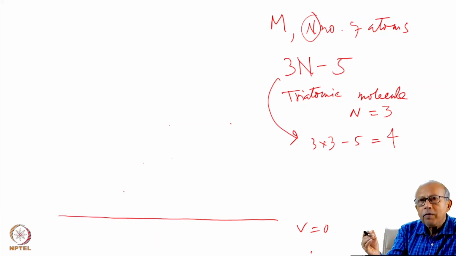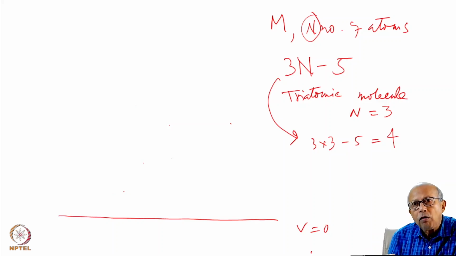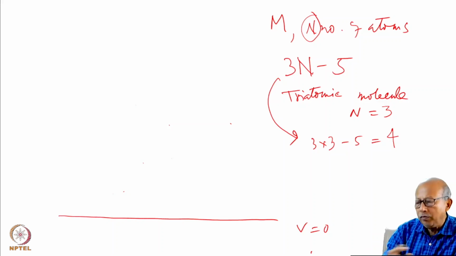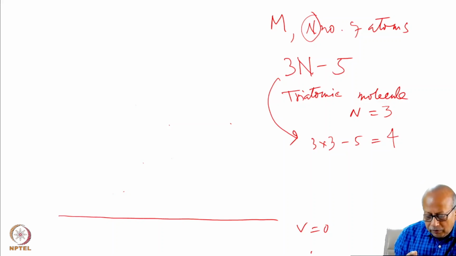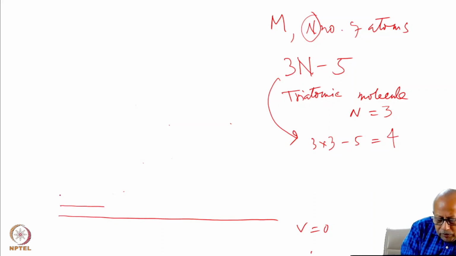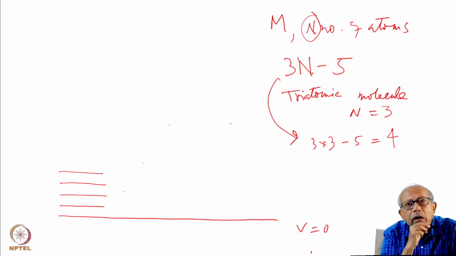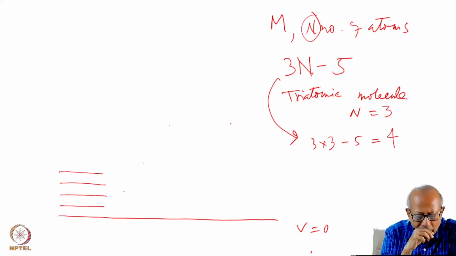There is no vibrational excitation in either of the two vibrational modes that we are going to consider. So one vibrational ladder is represented by these vibrational energy states. As you know, the spacing between the successive vibrational excitation energy states is nearly the same.